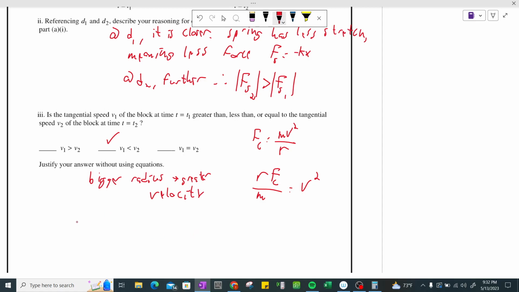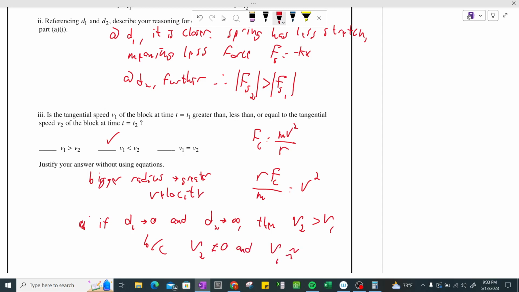What I might do here is say, if d1 approaches 0 and d2 approaches infinity, then that would mean v2 has to be bigger than v1, because v2 is not equal to 0 and v1 is approximately equal to 0.